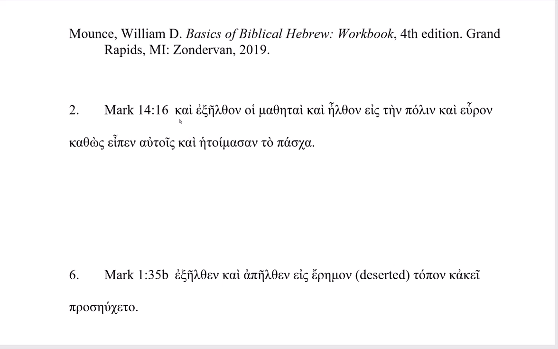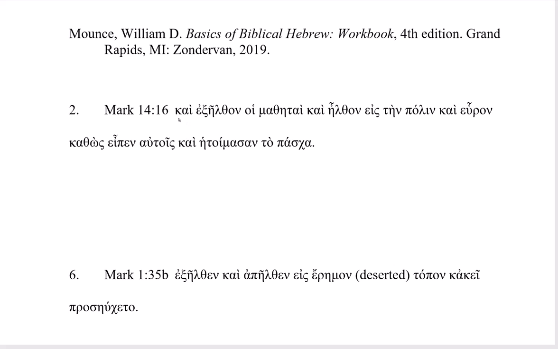So let's read that. Kai exelthon hoi mathetai, kai elthon eis ten polin, kai heuron kathos eipen autois, kai hetoimasan to pascha. All right, so we have a couple of second aorists and a first aorist in here.